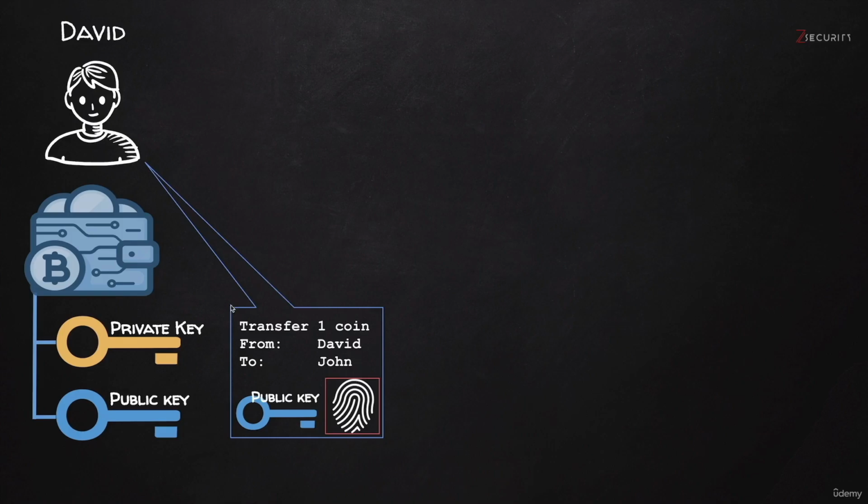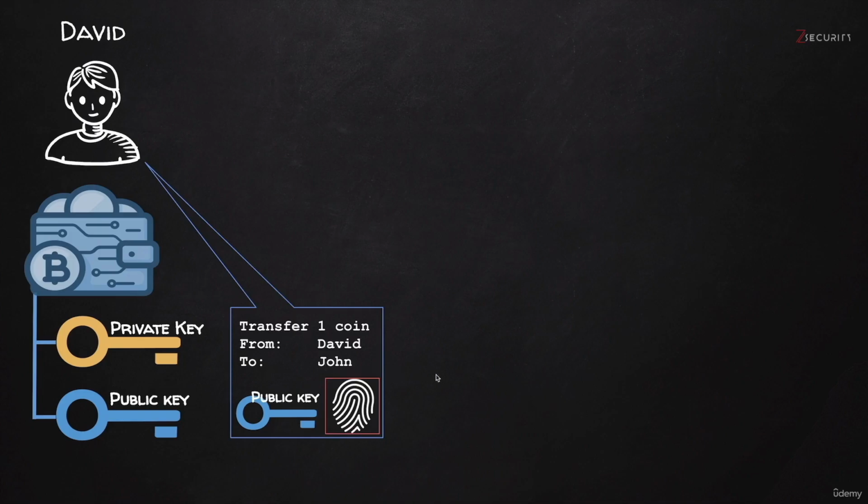So, when this message is inspected by anybody, they can use the public key to verify the signature, and if it checks out, we'll know that this message was actually generated by David. Therefore, we can process the transfer of one coin from David to John.